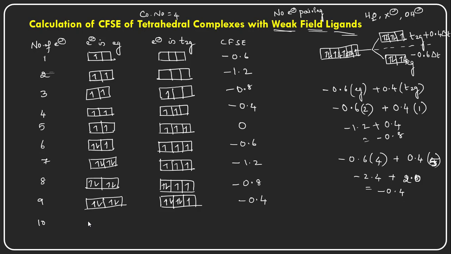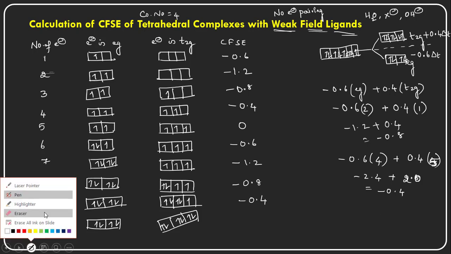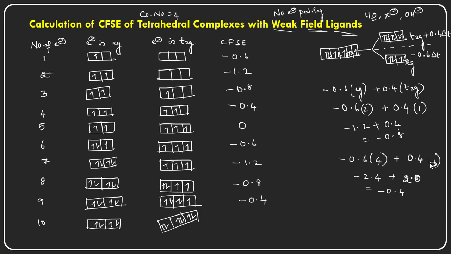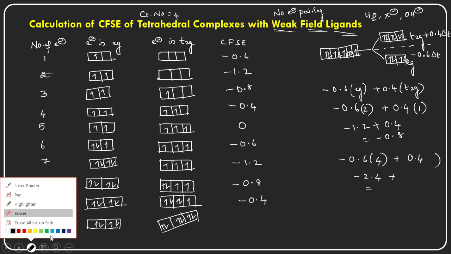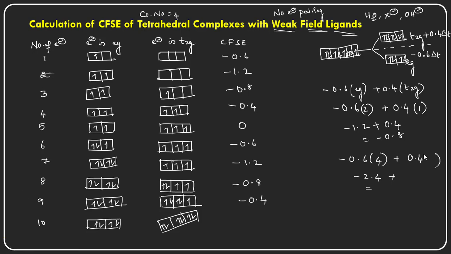And if all the 10 electrons are present, what will the crystal field stabilization energy be? So here this energy level is equal to this energy level now, right? So here all the pairs of electrons take place here, and better I will rub this one. So this will be 6 electrons.